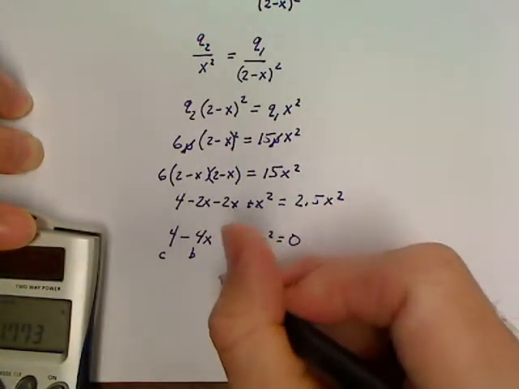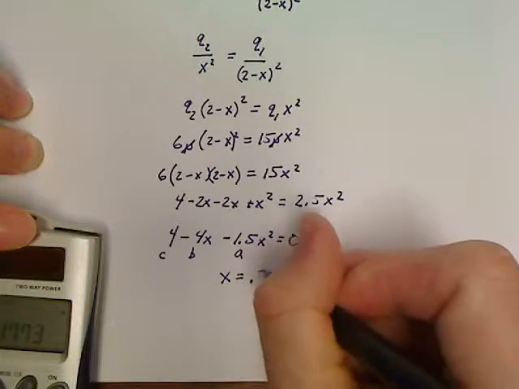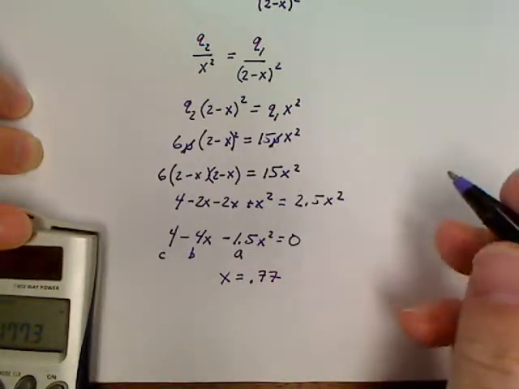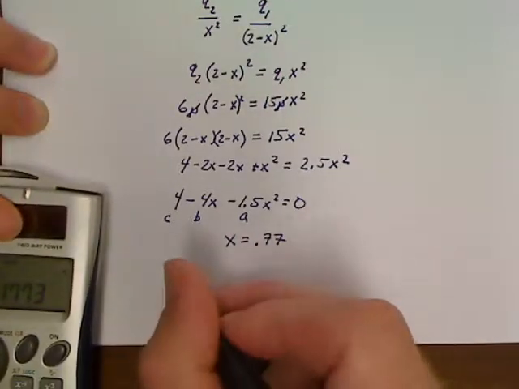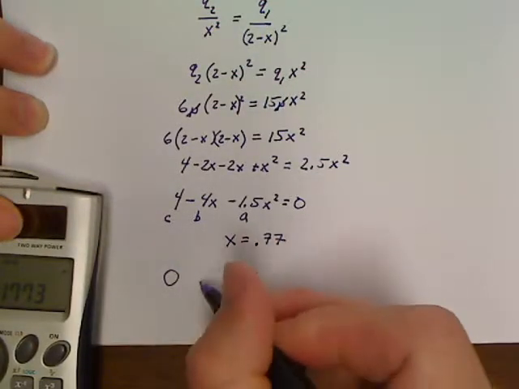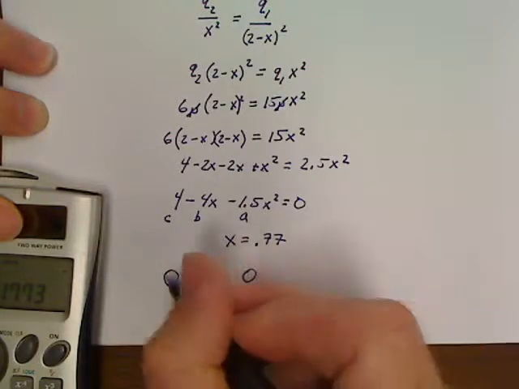So our answer, x is equal to 0.77. So that means in that initial drawing, this is 0.77.